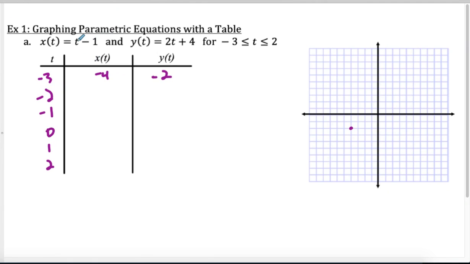So we can plug the rest of these values in. -2 plugging in here would get me -3, and plugging in -2 here would get me 0. Then here, this would be -2, -1, 0, and 1.